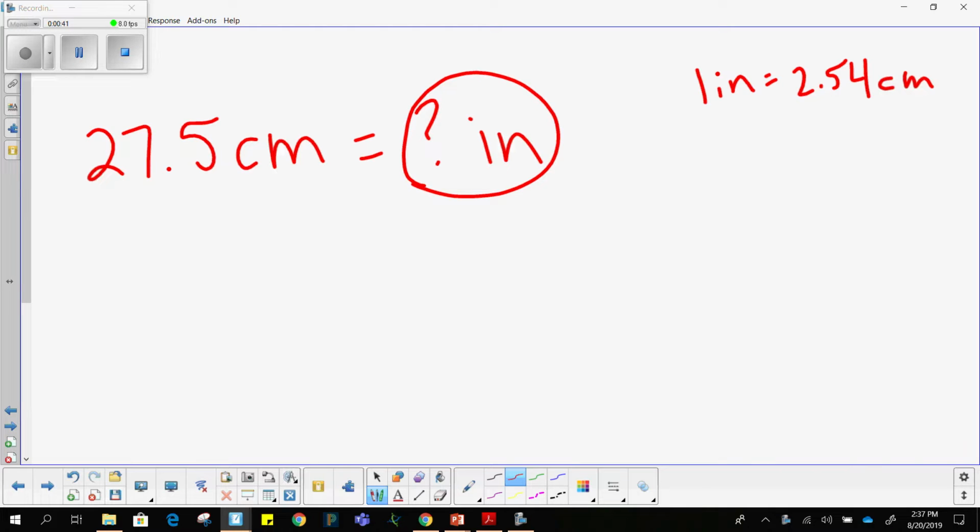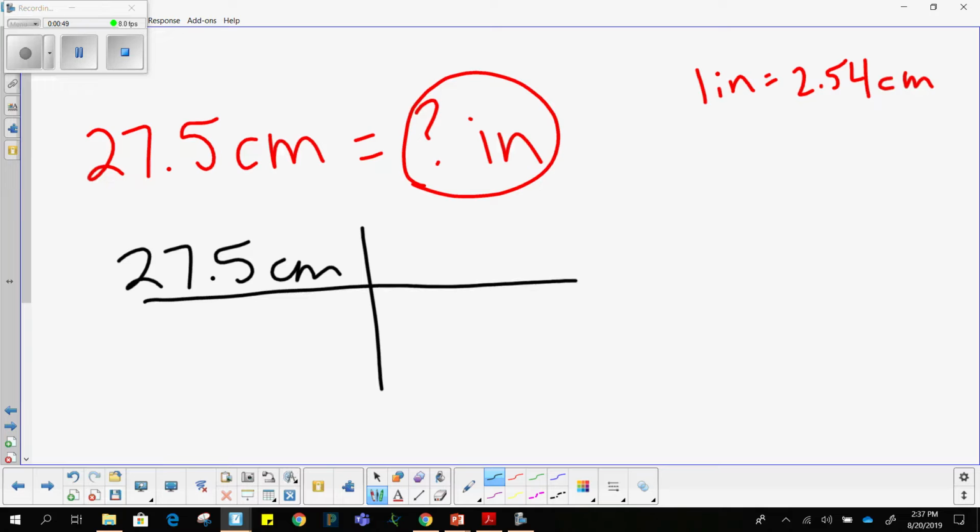So our first step is to take what we are given and write that out. So we're going to take our 27.5 centimeters. That's our given quantity. We can use what I call the railroad tracks, or you can multiply by a fraction. Either way works fine. The important thing is to take this conversion factor and set it up appropriately so that whatever units you're starting with are always on the bottom.